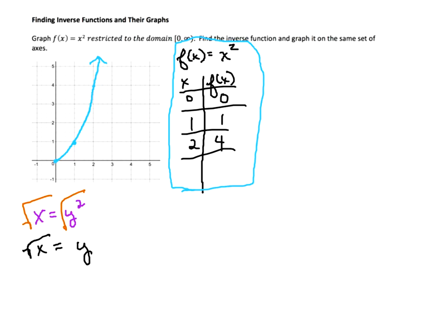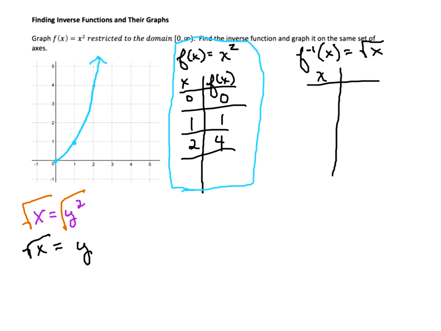And I would say the positive and the negative square root of x, but it's not going to be the negative because of our restricted domain. But do remember you should take into consideration both the positive and the negative answers that come out. Okay, so my potential f inverse of x is the square root of x.